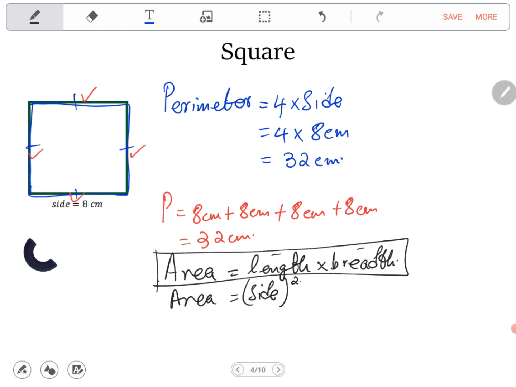So it is the length squared, or simply the side squared. In this case, it will be 8 centimeters squared, which gives us 64 centimeters squared. All right. I hope it does make sense.